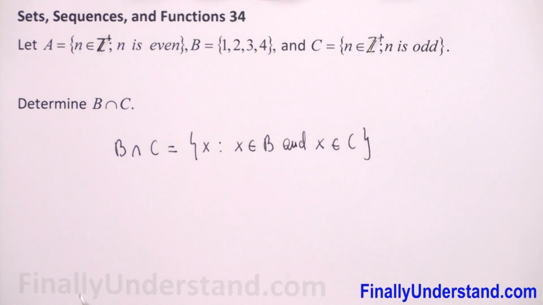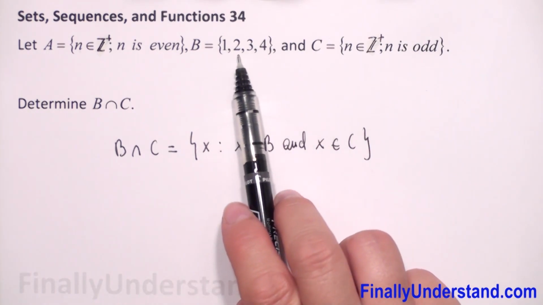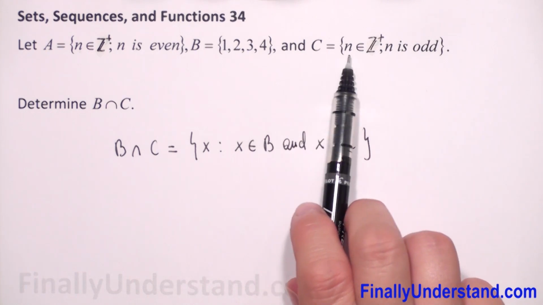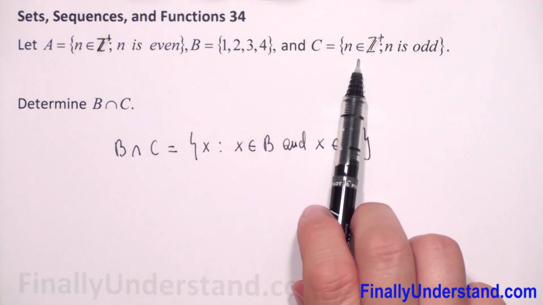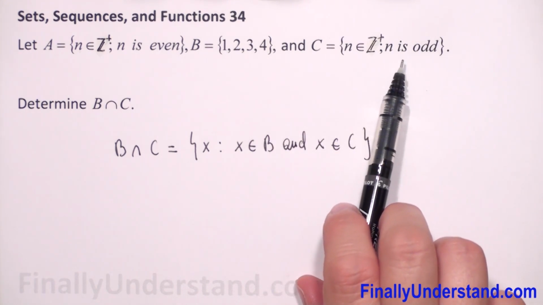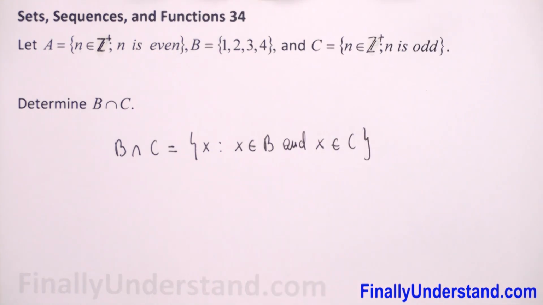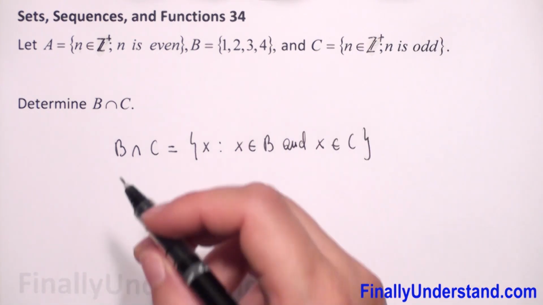So we need only B and C sets. B we have 1, 2, 3, 4, and C we have given that C is all positive integers and odd numbers. We know that any integer that cannot be divided exactly by 2 is odd number. So the odd number we have to choose positive.